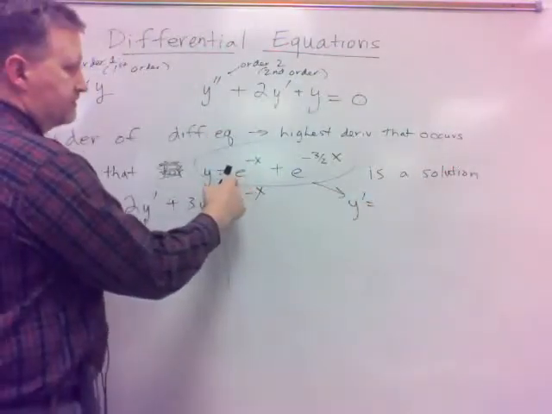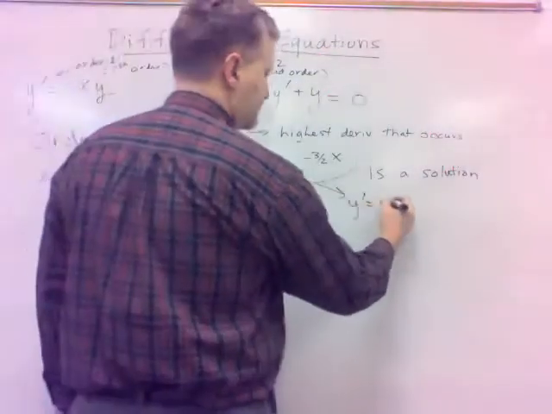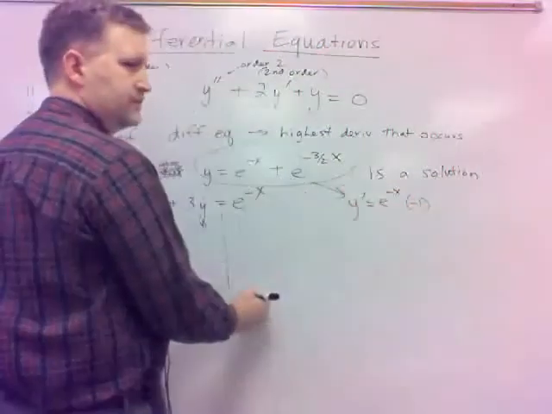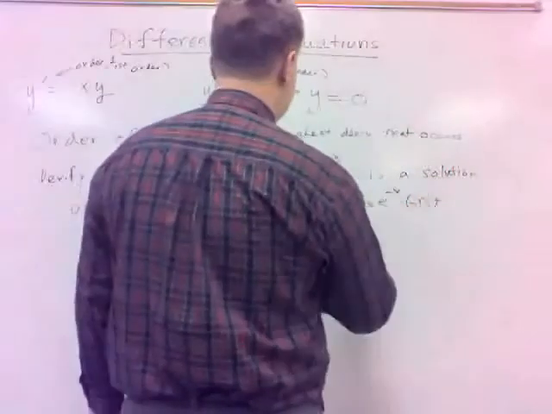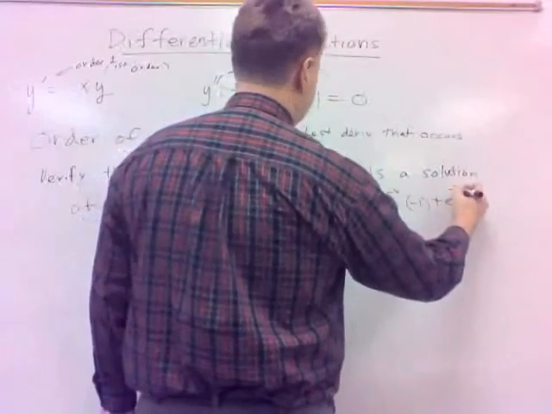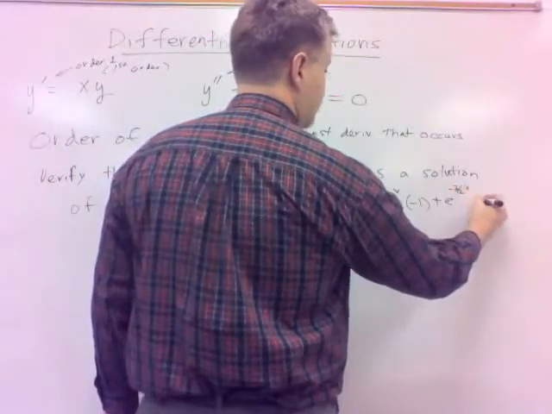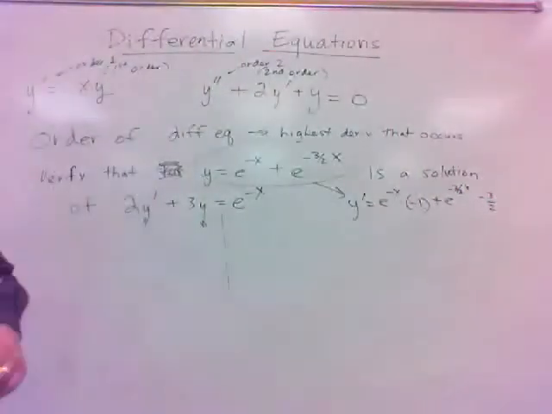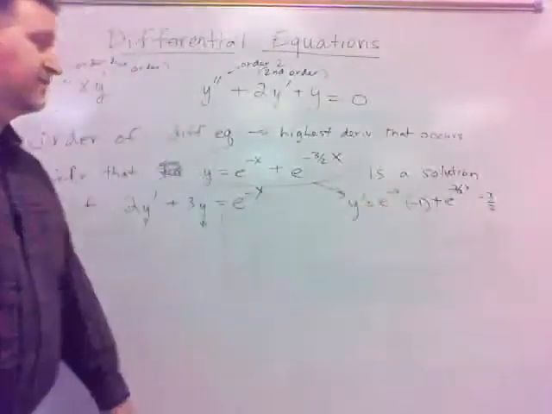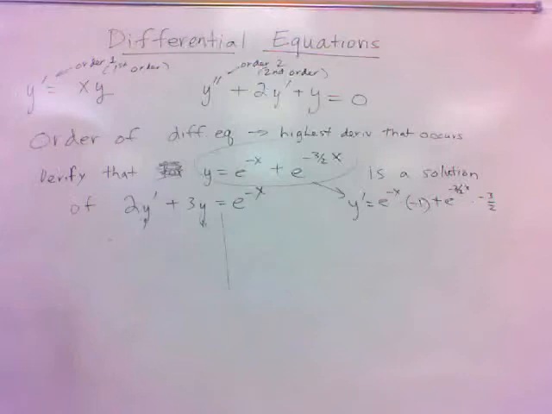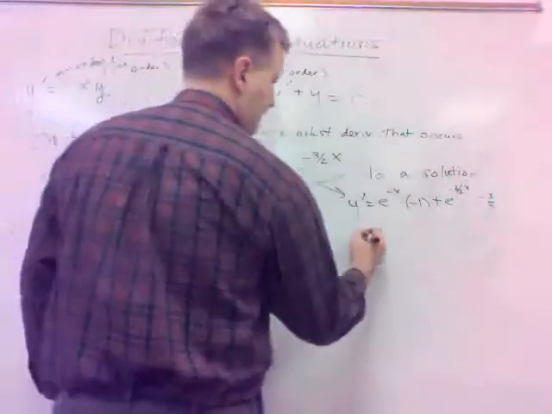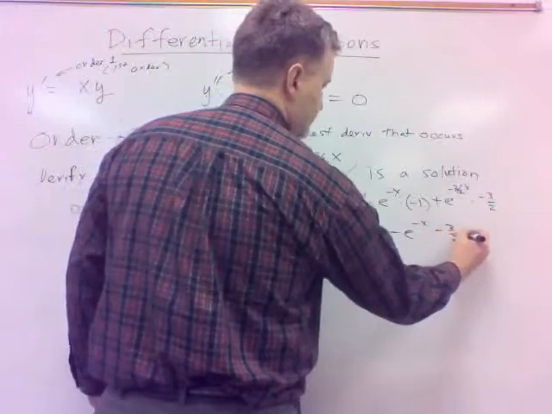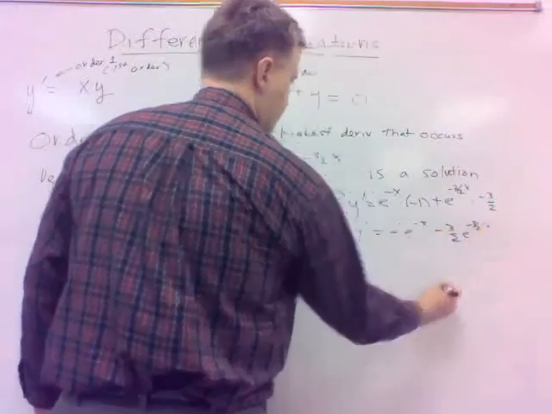Well, it would be e to the minus x times minus 1, chain rule, plus e to the minus 3 halves x times minus 3 halves. Right, because the derivative of e to something is the e to the something times the derivative of the power. Clean that up. That's minus e to the minus x minus 3 halves e to the minus 3 halves x.